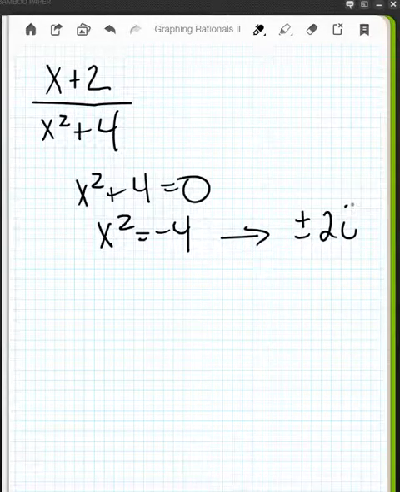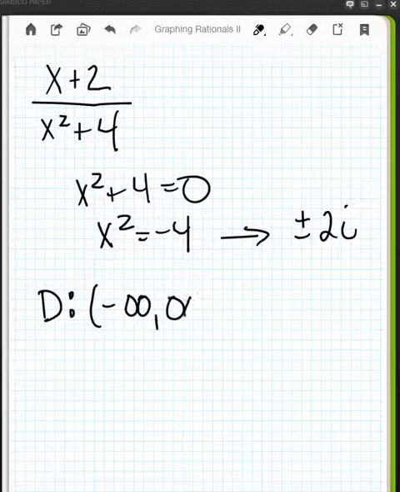And i is not part of our normal graphing coordinate system. So this one has no restriction on the domain, so the domain is from negative infinity to positive infinity. And as we're going to talk about in the next video on asymptotes, this means that this function has no vertical asymptotes.